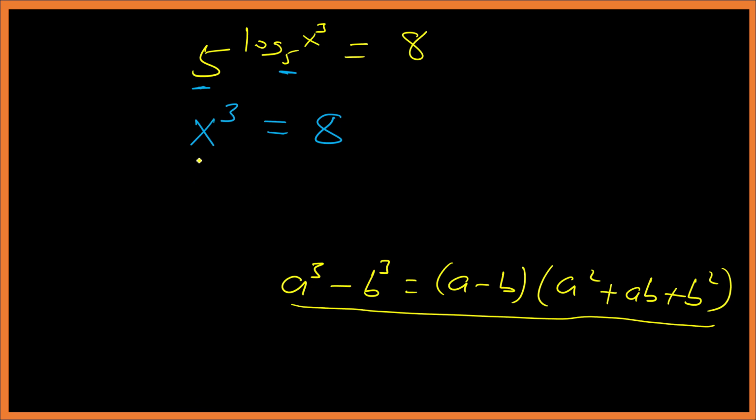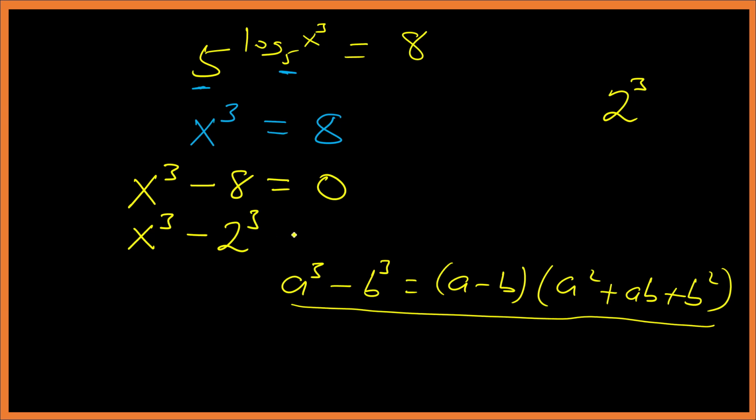Can we express this one as that? Now I know x cubed minus 8 equals 0, where 8 is the same as 2 to the power 3. So if I write x cubed minus 2 to the power 3 equals 0, my a is now x, then my b is 2. So I can write this one as difference of cubes.